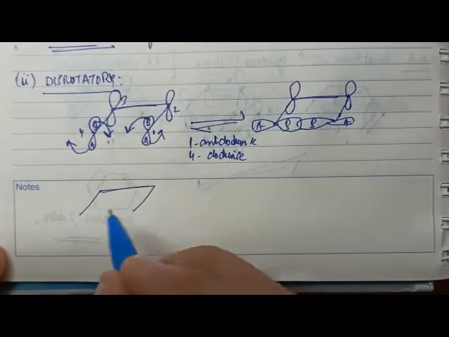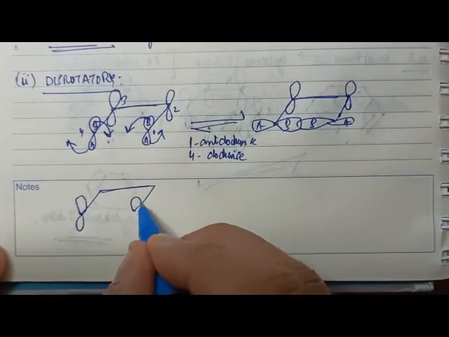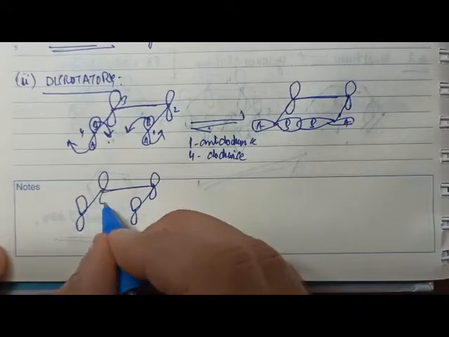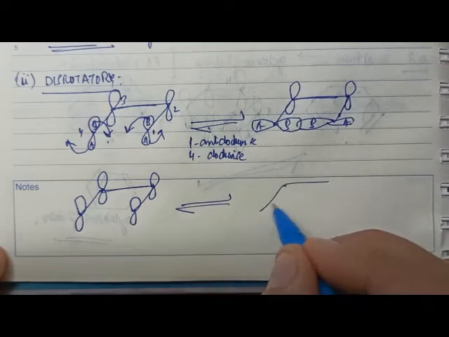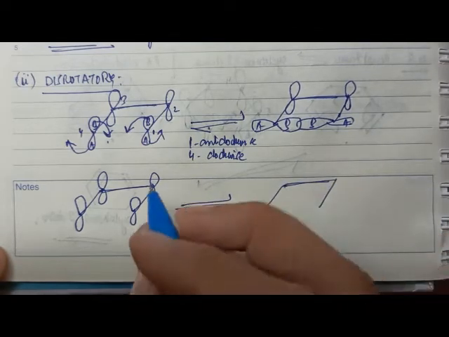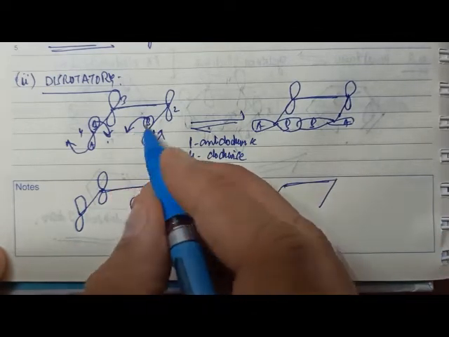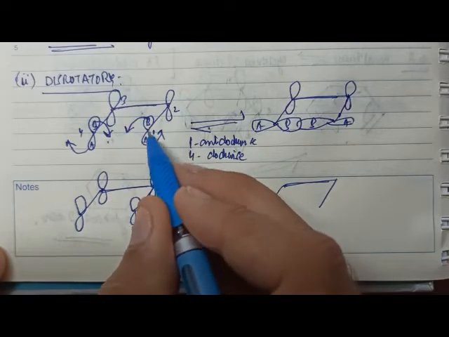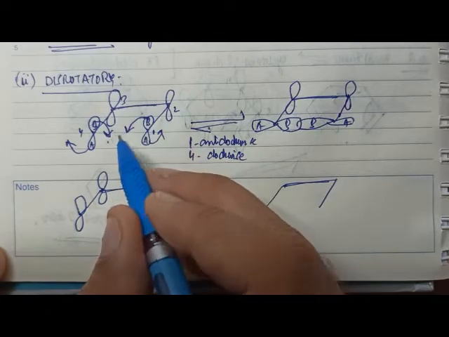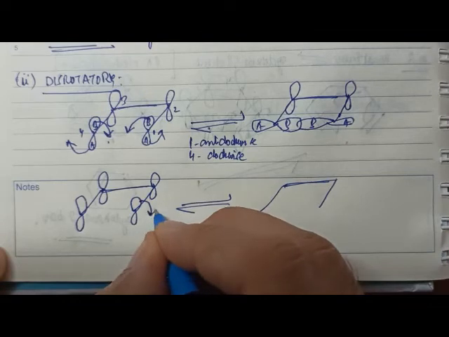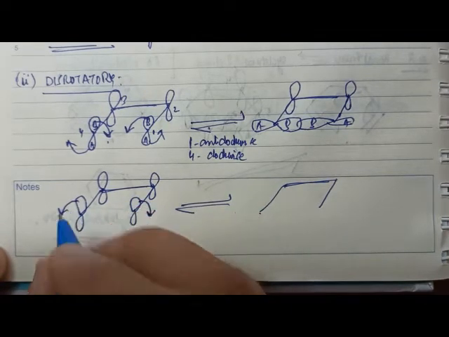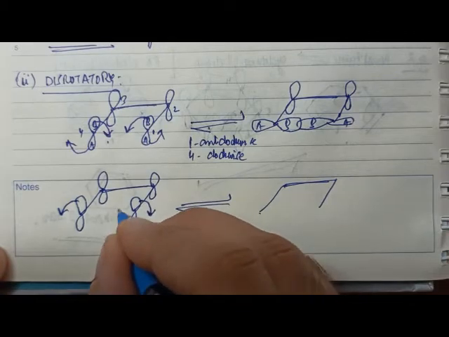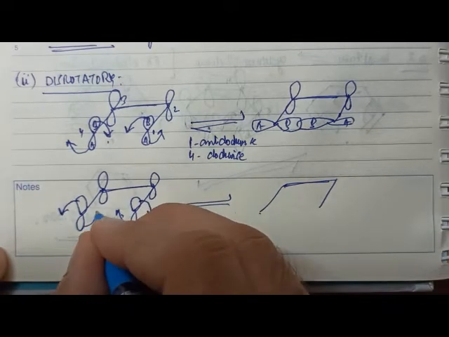drawing the same kind of structure but with a different mode of cyclization. That is, if we had written the first p lobe moving in an anti-clockwise direction, now I'll write the first lobe moving in a clockwise direction and the fourth lobe moving in an anti-clockwise direction, that is, opposite directions. So if this is moving like this, the orbital will come here. If this is moving like this, it will come here.